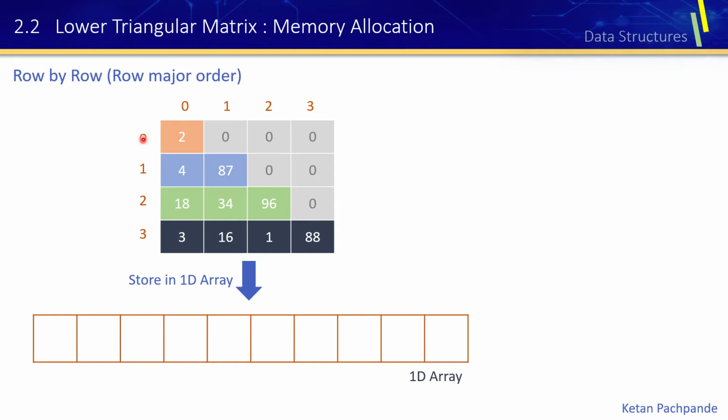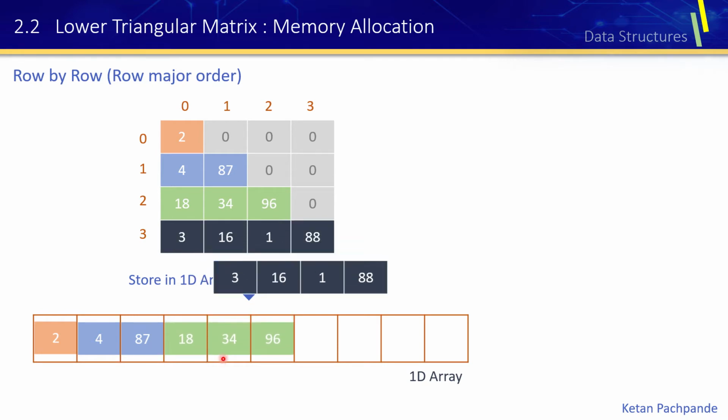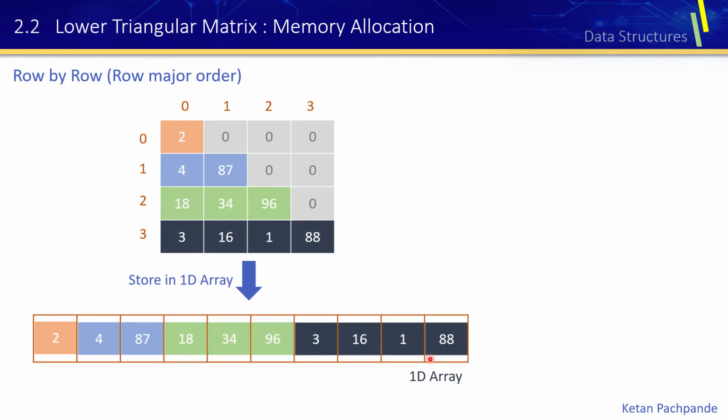So whatever elements are present in the 0th row, those will be stored in the one-dimensional array followed by the second row, third row, and the fourth row. So if you see the arrangement of these 10 elements in memory or the one-dimensional array, it is row by row.